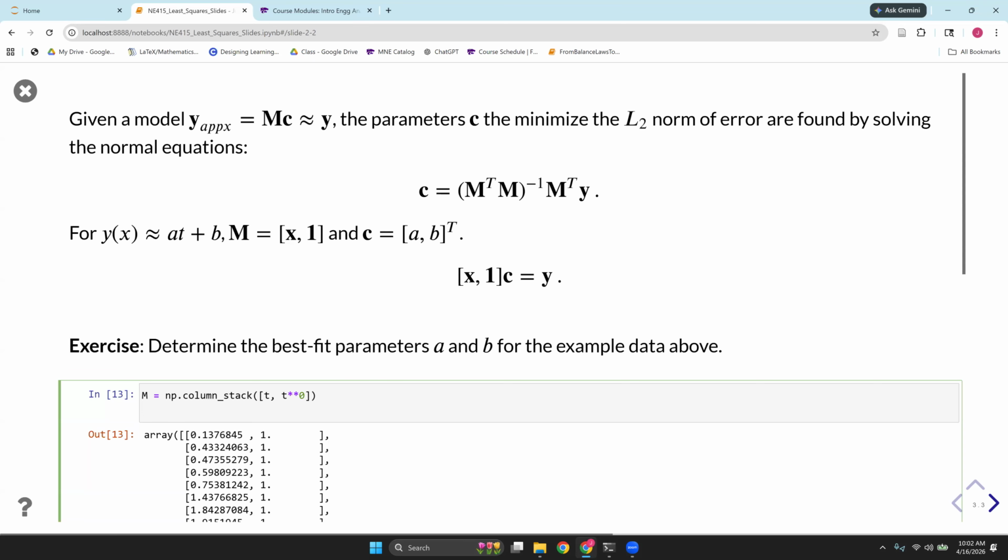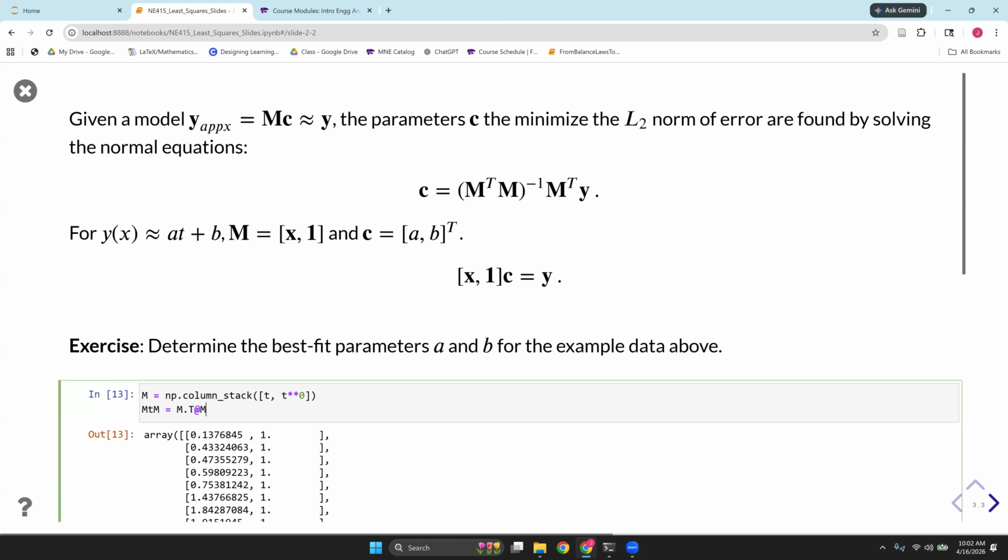What is the matrix that's being inverted? Yeah, M transpose M, right? That's key. So I can make this matrix, I'll call it MTM for M transpose M, and that looks like this. That works.